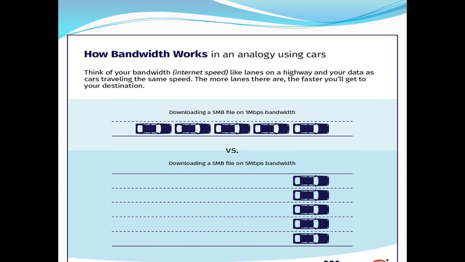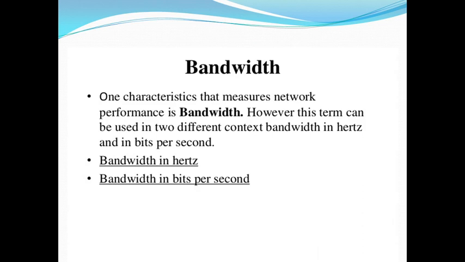So if there are more lanes, the faster you will get to your destination. In this way, if there is one single lane, with one bit traveling, then the destination will receive the data slowly. So this is an example explained through cars on the highway.